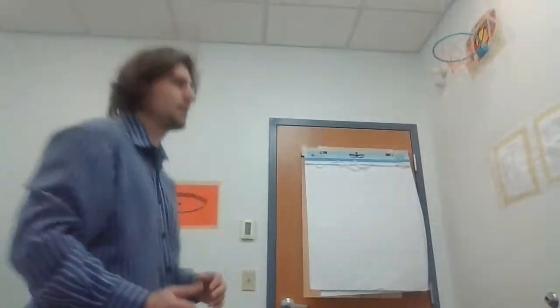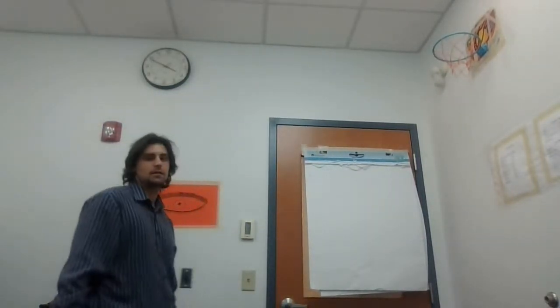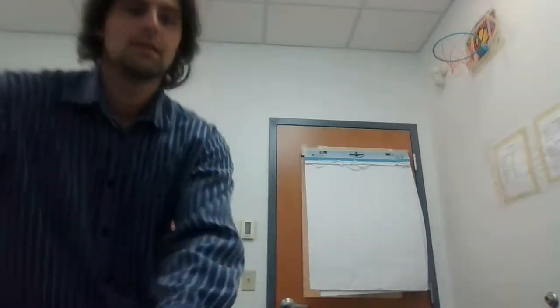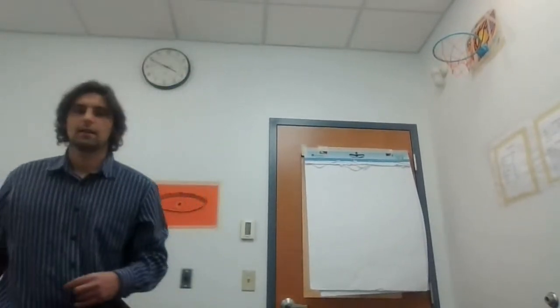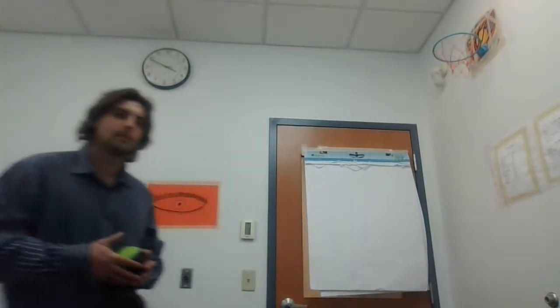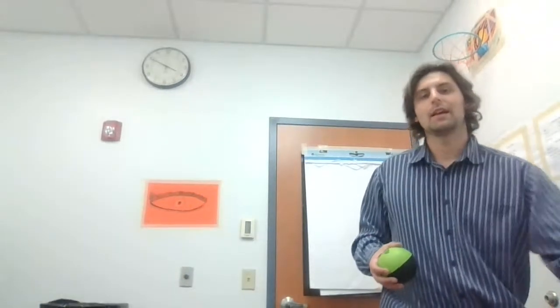Adjusting the camera here. All right. So I'm going to put 1 minute on the clock. I'm going to start now. I'm going to count. I'm not counting misses. I'm only counting makes. I'm going to see how many shots I can make in 1 minute.